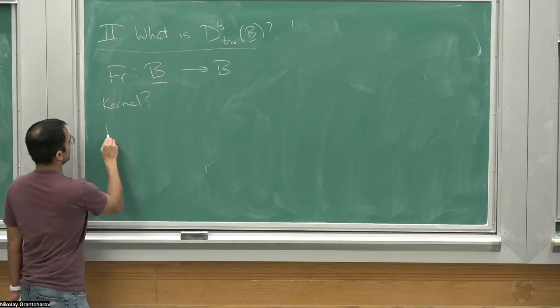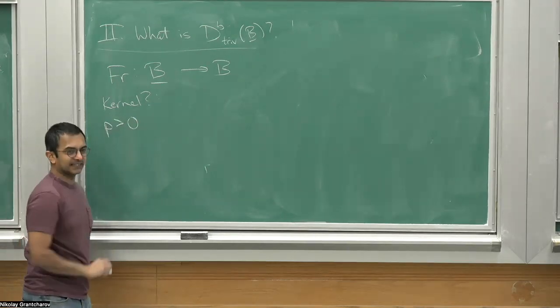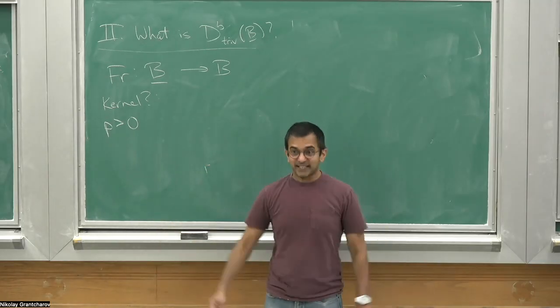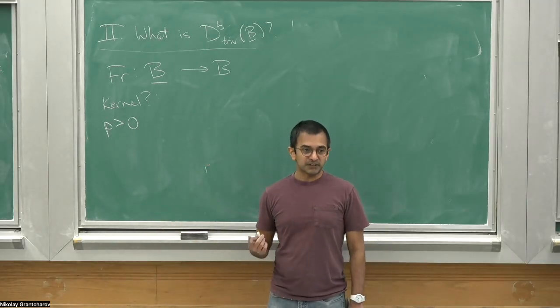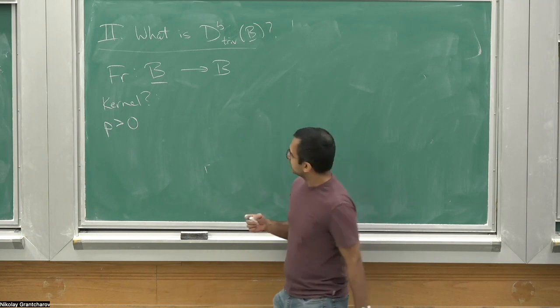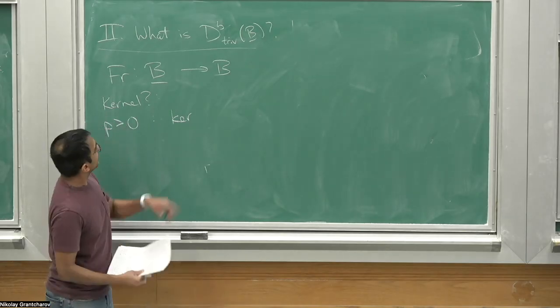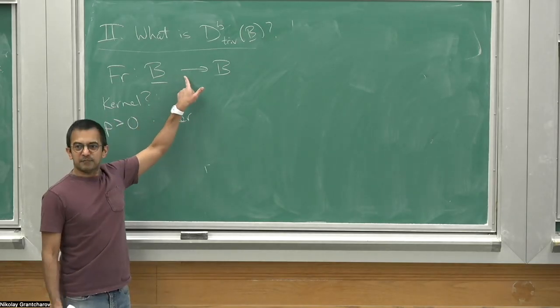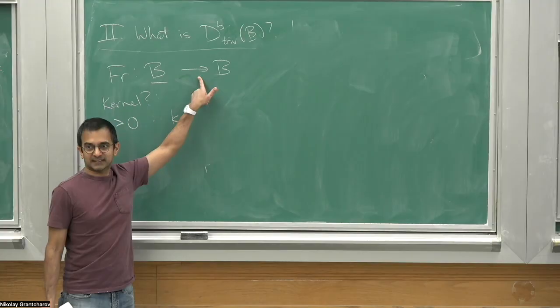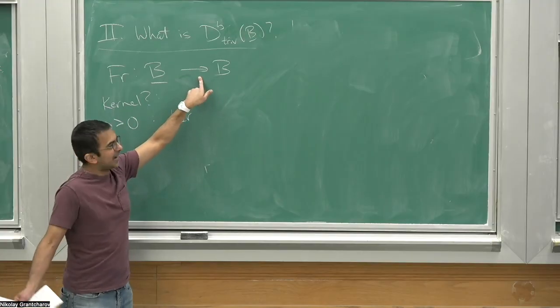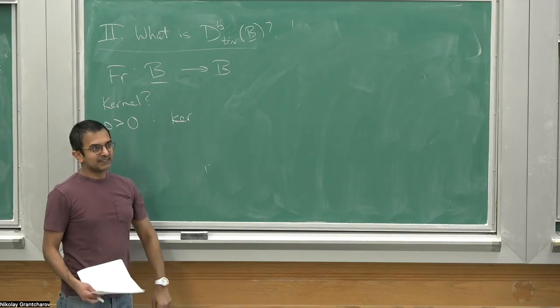When you're in positive characteristic, this is a map of algebraic groups, and you just take its kernel. On F_p bar points, this map is a bijection, so looking at closed points doesn't tell you what the scheme-theoretic kernel is.